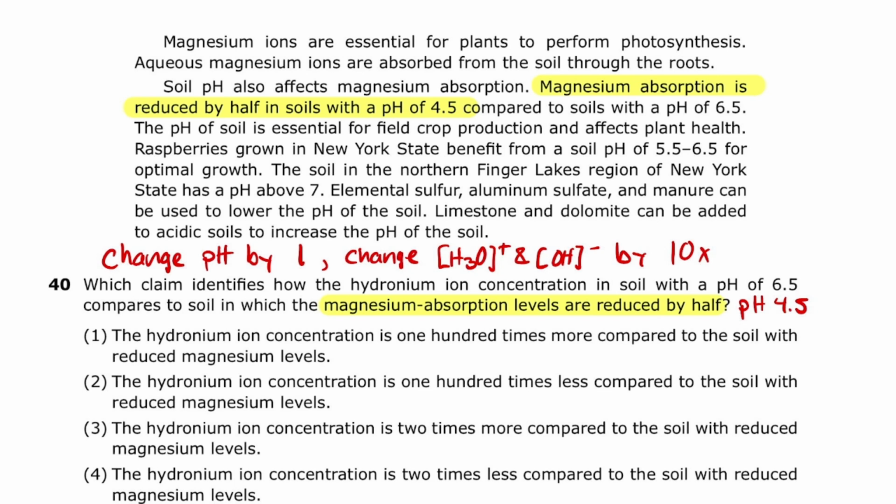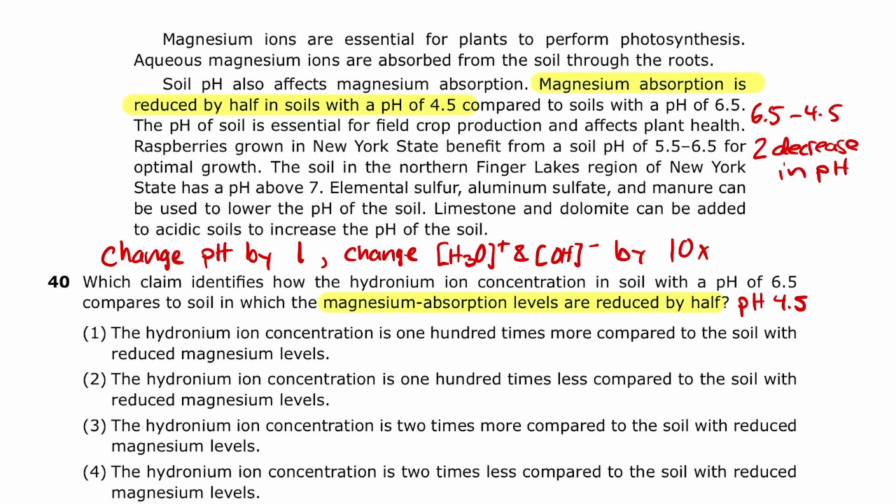All right. If we're going to change the pH from 6.5 to 4.5, this is a 2 times decrease in pH. All right, that means that the ion concentration is going to change by 10 times 10.